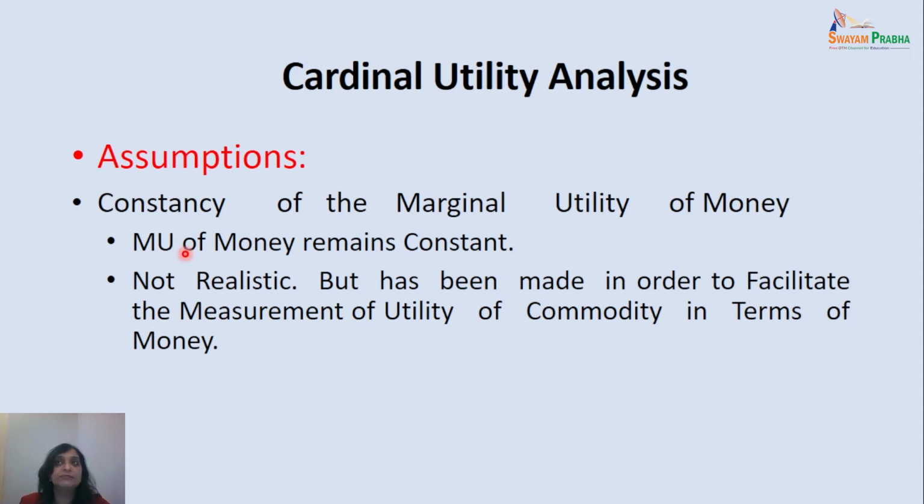Whatever tape or ruler or scale you take, 1 foot will always be 12 inches. So, because you are measuring your utility by way of money, we are assuming that the marginal utility of money will be constant. That is, every extra unit of money will give you the same satisfaction, or the measure will not change.